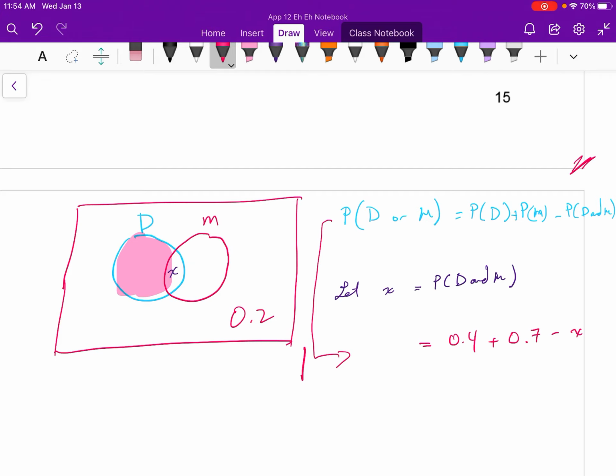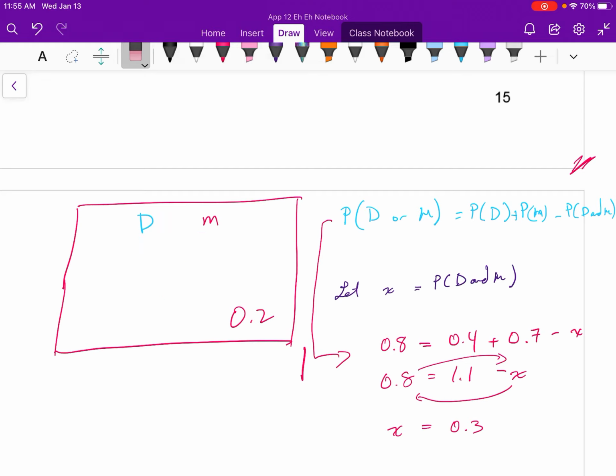So the probability of having a dinner and a movie is going to be equal to X. But we know that this area here that I've highlighted is going to be equal to 0.8. If I add this together, 0.8 is equal to 1.1 minus x. So x is going to be, if you solve this algebraically, 0.3.